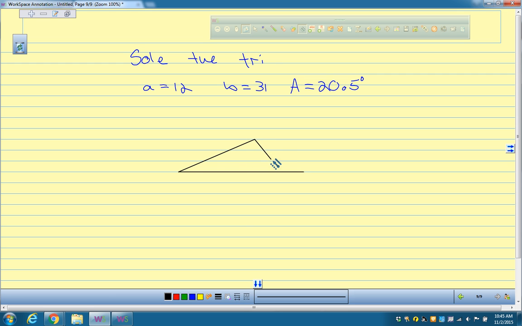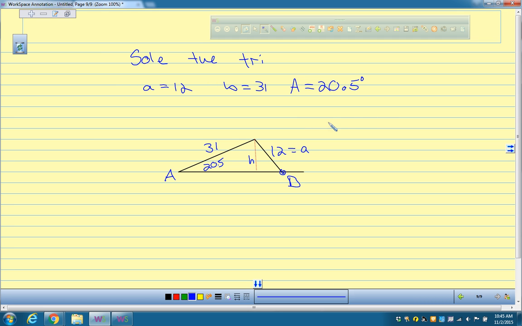So here's a, let's just draw this one, okay? So if this is 12, we'll call this as A, and B is 31, and I call this angle B, and I call this angle A, which is 20.5. First thing I want to do is find the height, okay? Right here, okay? And I'm going to call this H, okay?